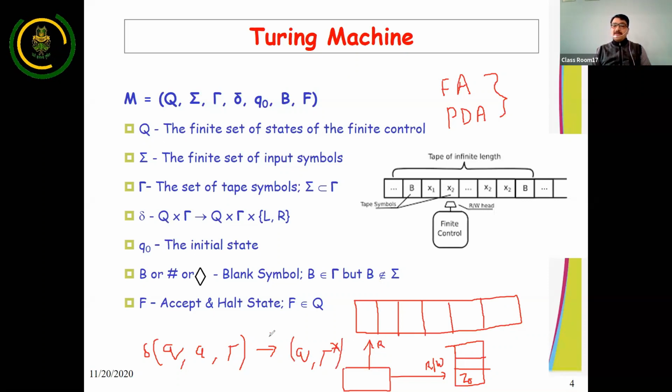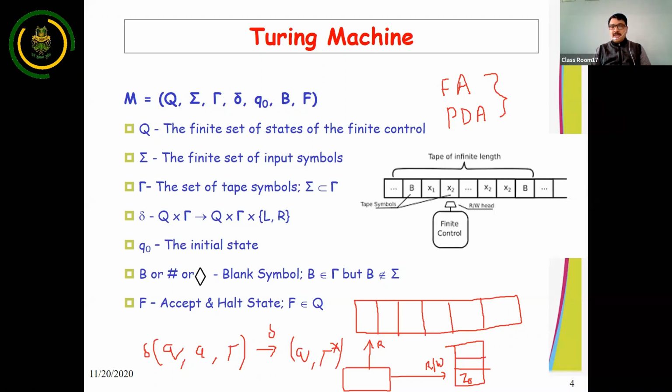So this is the simple transition function for pushdown automata, and this is the model diagram of pushdown automata. Now we are switching from PDA to the Turing machine. So now we will study the difference between PDA, Turing machine and finite automata.